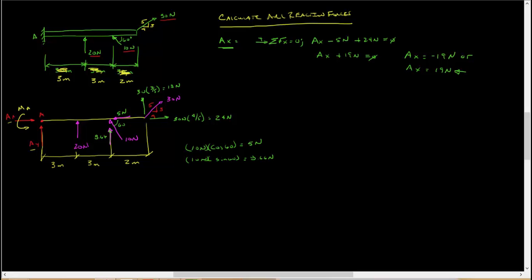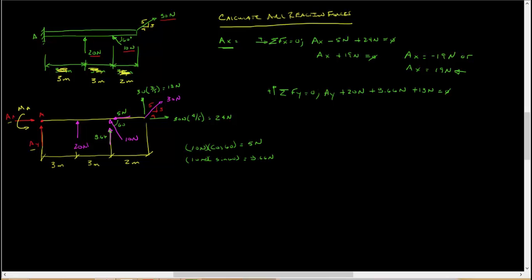If I sum my forces in the y, going up is positive, I have AY, which I am assuming is positive. Then I have 20 newtons, so plus 20 newtons. Then I have 8.66 newtons, so I can add that. And then I have 18 newtons. That's all equal to 0.